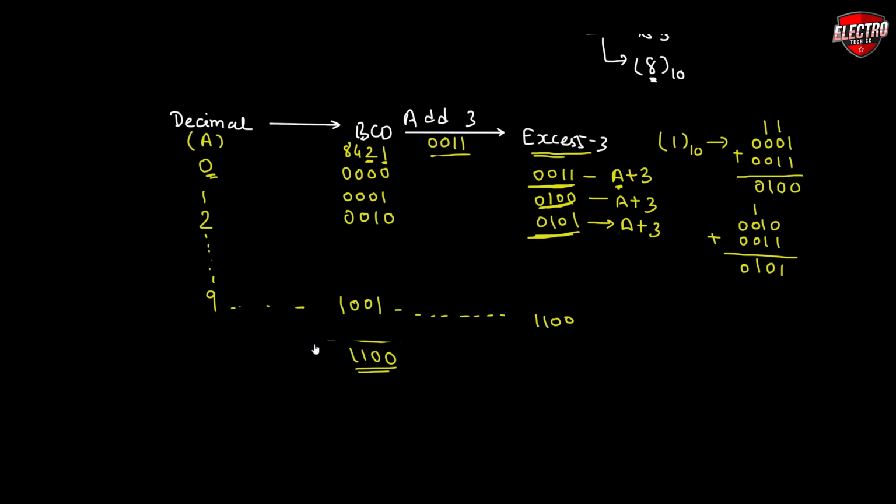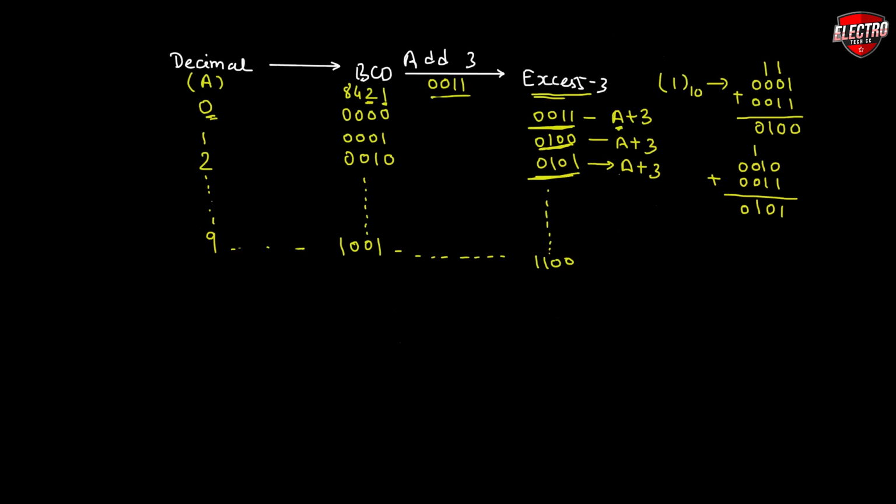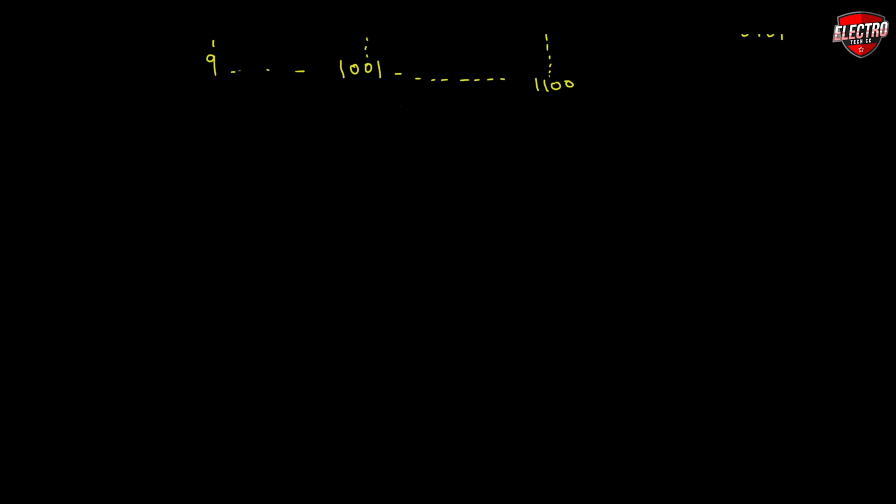Clear? Now the next portion, that is the addition of two Excess-3 codes, or two decimal numbers with the help of Excess-3 code. So let us check the addition process of two decimal numbers or BCD numbers. Addition of Excess-3 code.